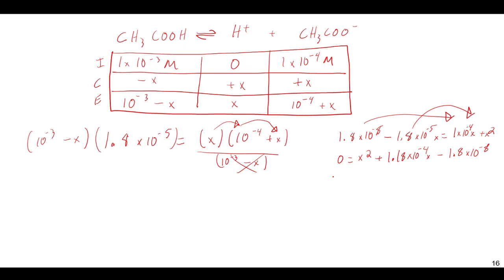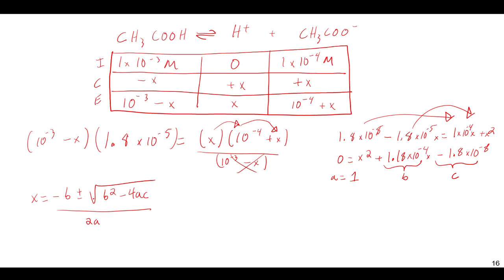For the quadratic formula, I need these a, b, and c values. A is the coefficient before x squared, so it's 1. My b value is right here. And my c value, with the negative sign, is negative 1.8 times 10 to the negative 8. So my x is the opposite of b, plus or minus the square root of b squared minus 4ac, all over 2a.